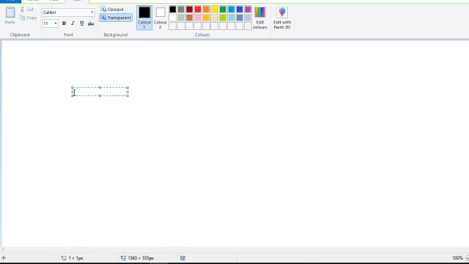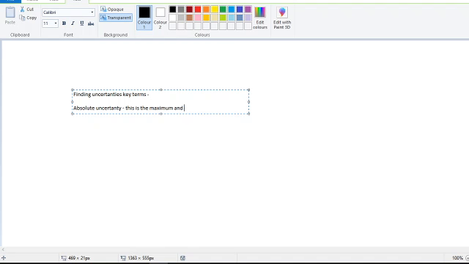Finding uncertainties key terms. These are absolute uncertainty. This is the maximum and the minimum, a maximum-minimum range that an answer can be.